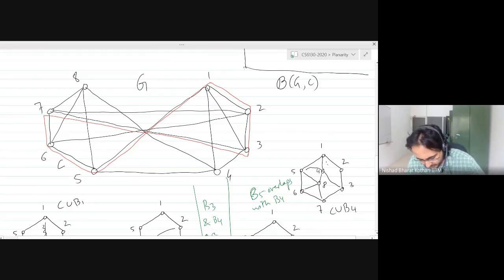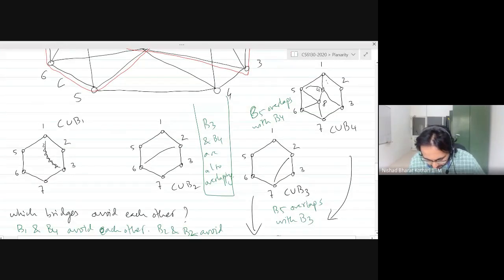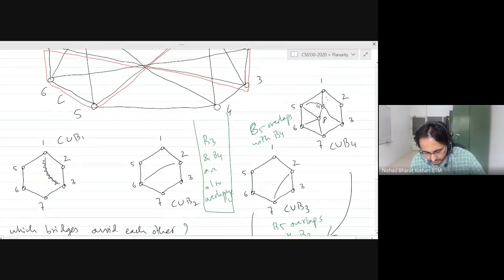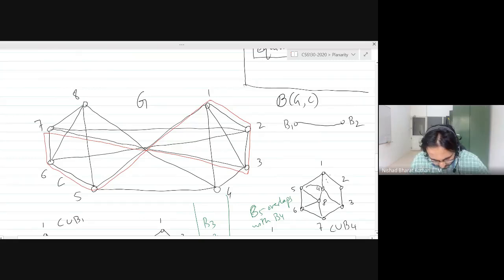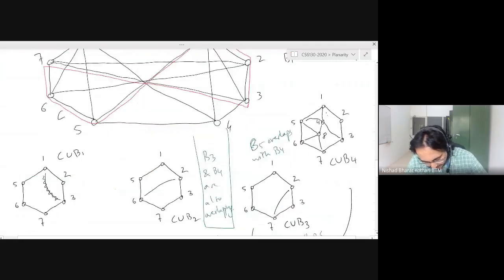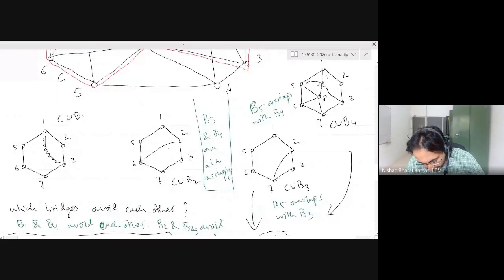So we have four bridges. B1 and B2, they overlap. Does everybody agree that B1 and B2 overlap? Notice this is B1, 1-3, and this is B2. They overlap because 1, 2, 3, and 6 appear in a cyclic order on the cycle.